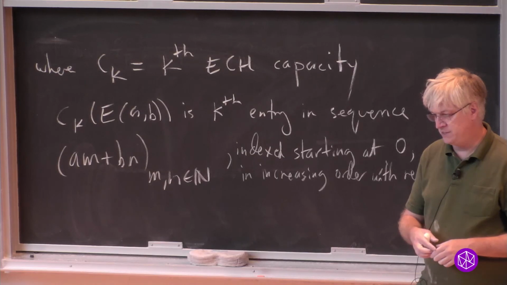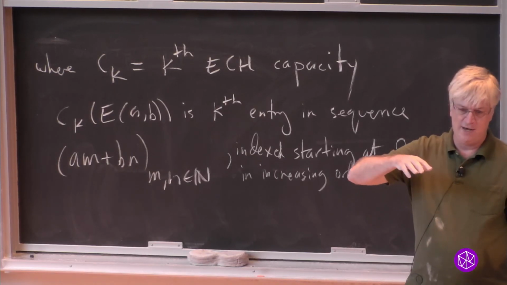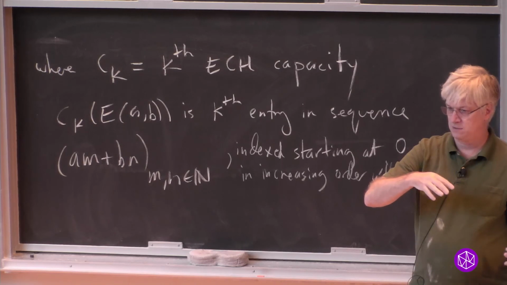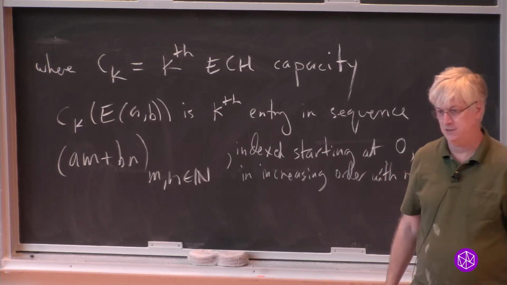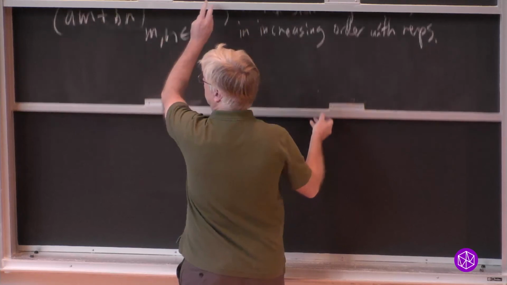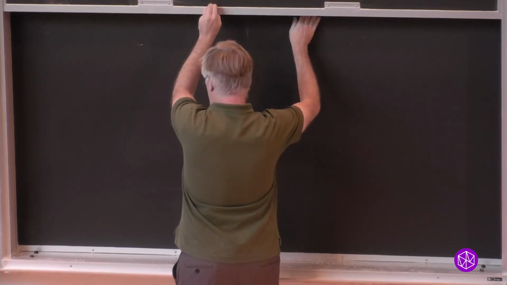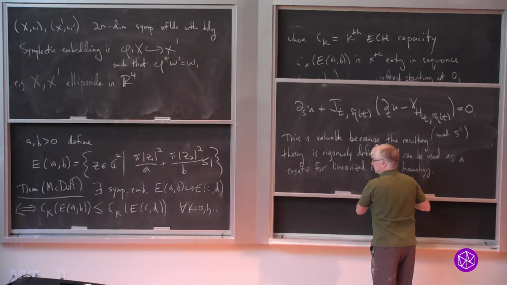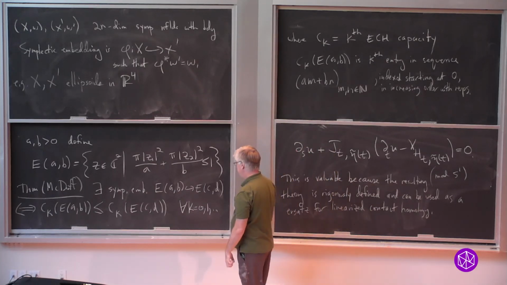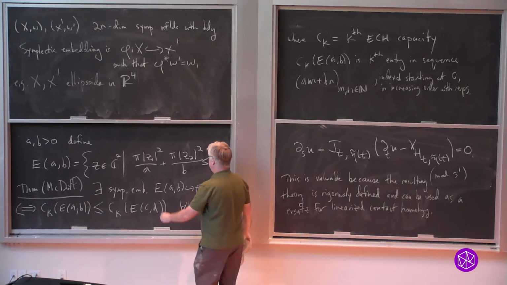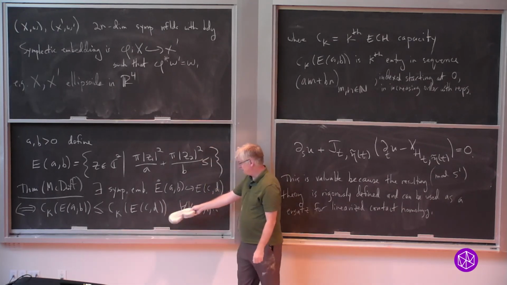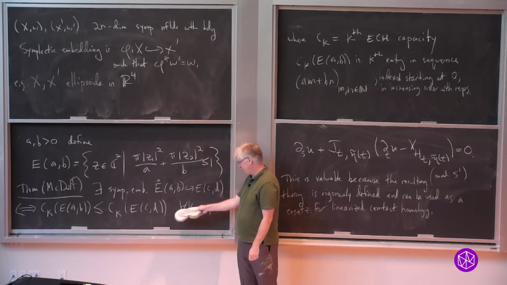And the kth ECH capacity says how much symplectic action I need to represent the degree 2k generator of ECH. And for the embedding criterion, you need the open ellipsoid in the domain. This criterion says these capacities are less than or equal for all k.